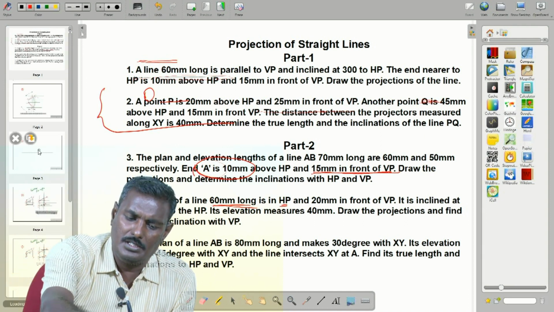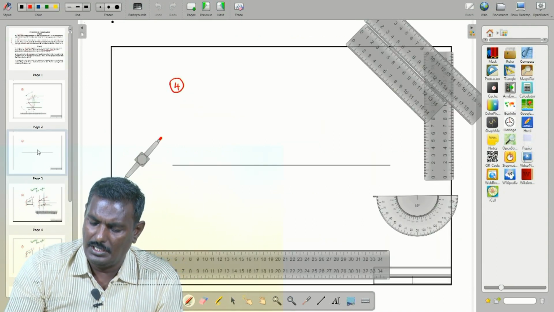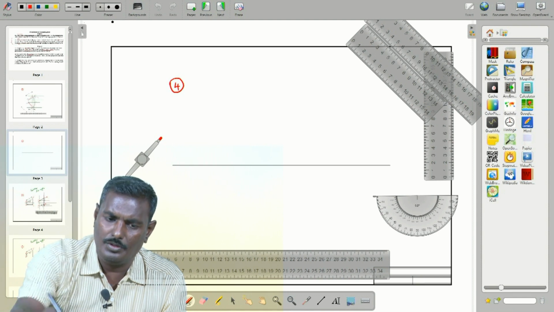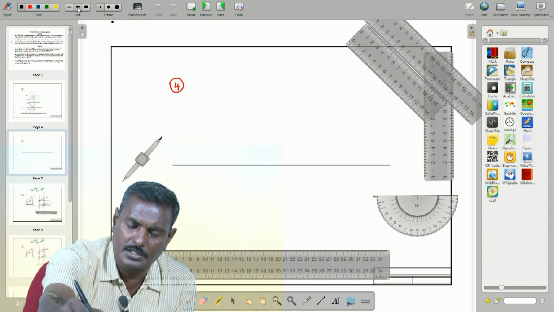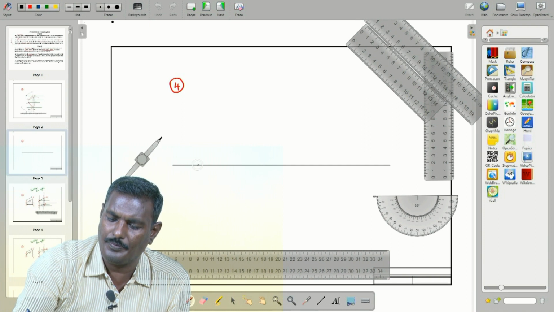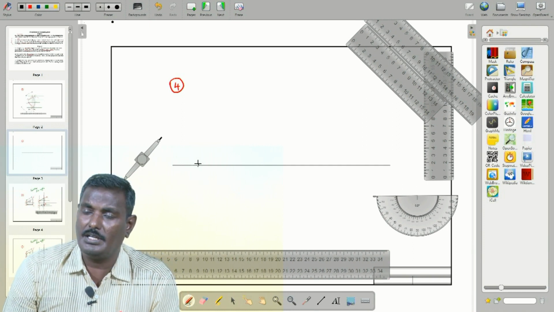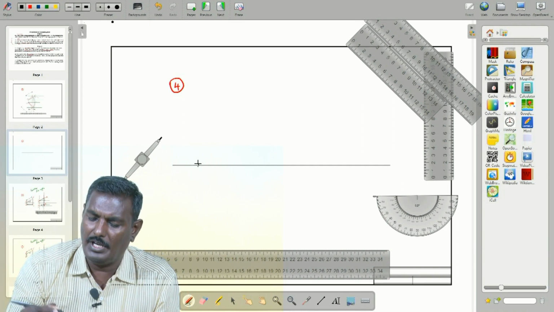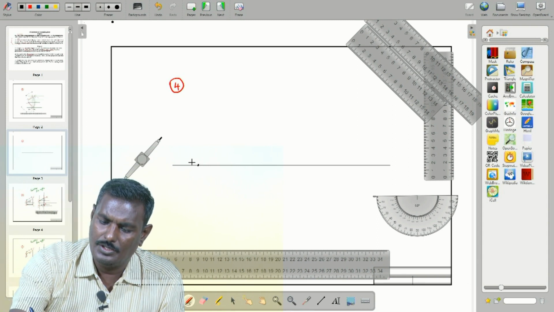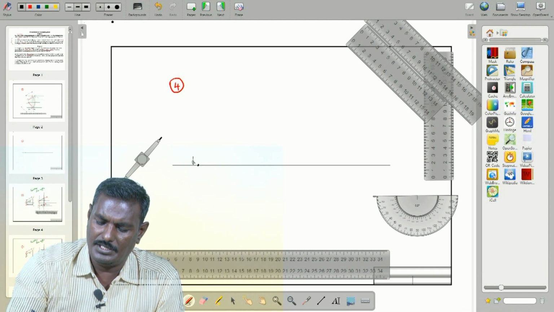Now we take one point and represent it here as A dash.